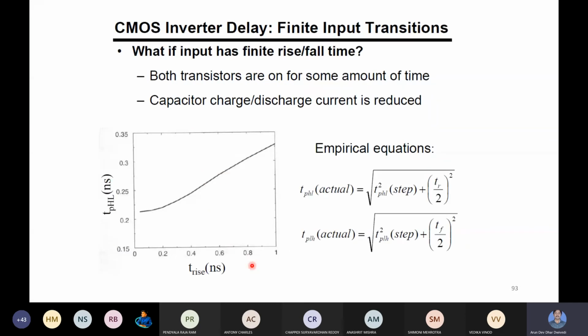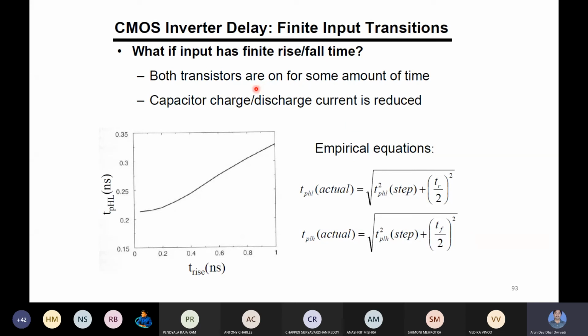Let us also see a few more things. Suppose the inverter has an input voltage which is not ideal. If it is not ideal, then it has some significant rise time and fall time. Previously we assumed very fast switching, with almost zero, negligible rise time and fall time.